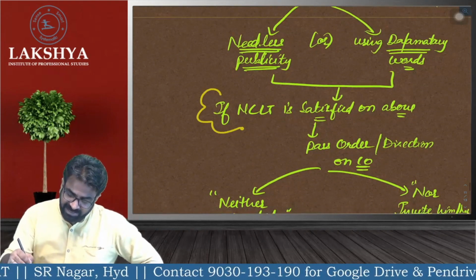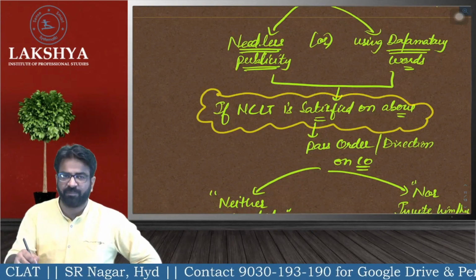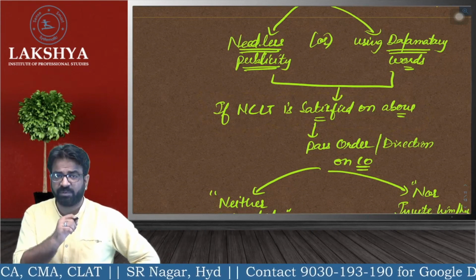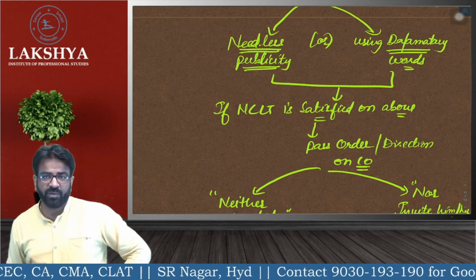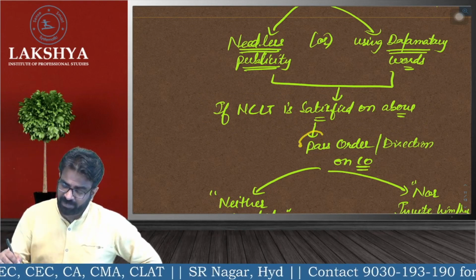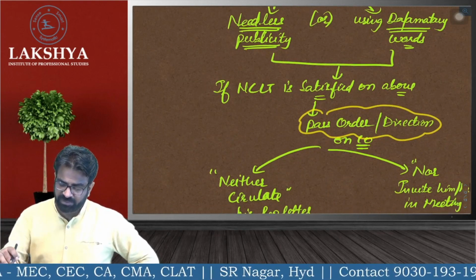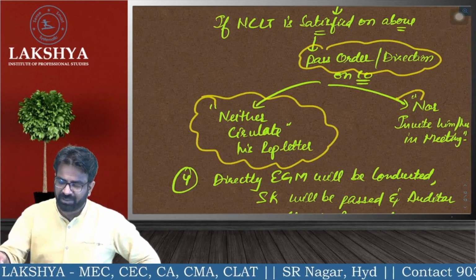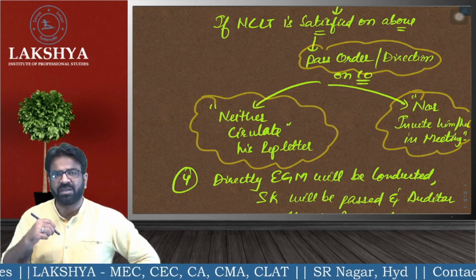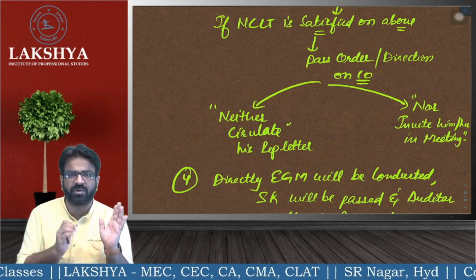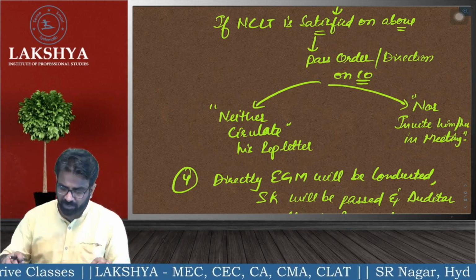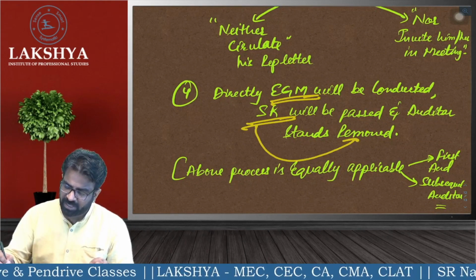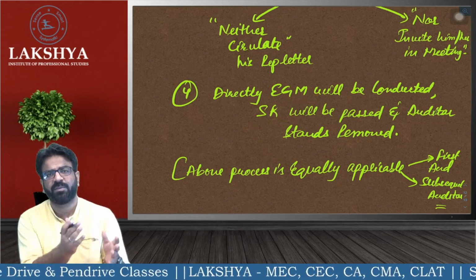Then if the NCLT is satisfied on the basis of the complaint or on its own, that this person is trying to take needless publicity or use defamatory words, then NCLT will pass an order on the company. What is the order? Neither circulate his representation letter nor invite him to the meeting. Do not circulate his letter, and do not invite him to the meeting. Directly the EGM will be conducted, the special resolution will be passed and the auditor stands removed.